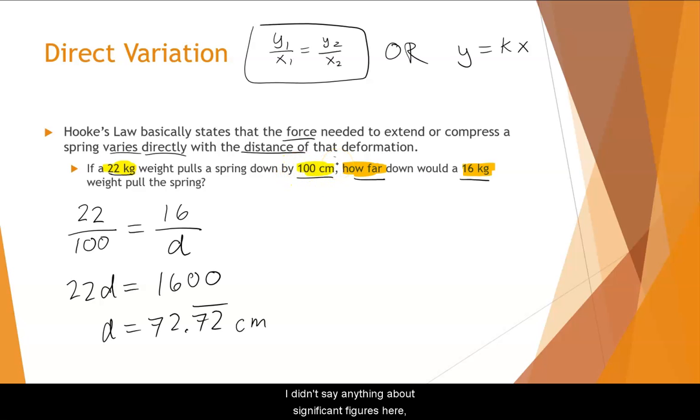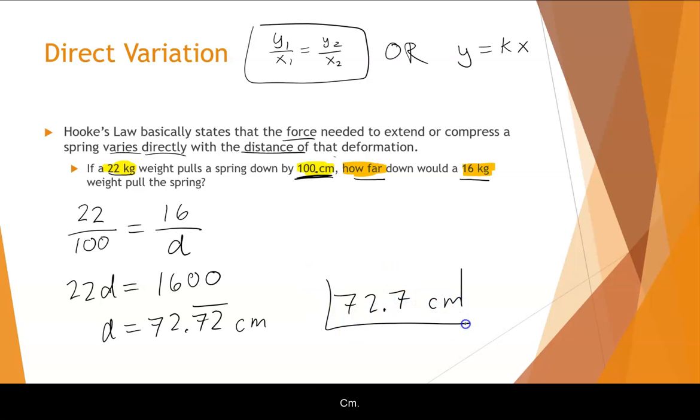I didn't say anything about significant figures here, and I probably should have. Since this distance has 3 significant figures, let's write this answer to 3 significant figures. So that's 72.7 centimeters.